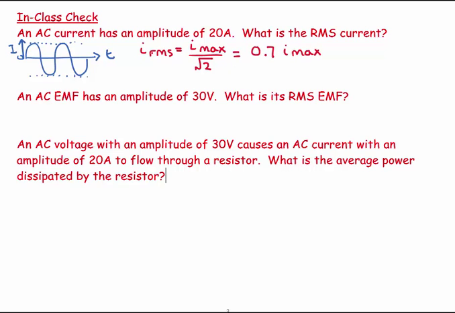I'm using lowercase for i because it's an AC current. So this equals 0.7 times, in this case, 20. So that would be about 14 amps. Not the 20, but somewhere down here.